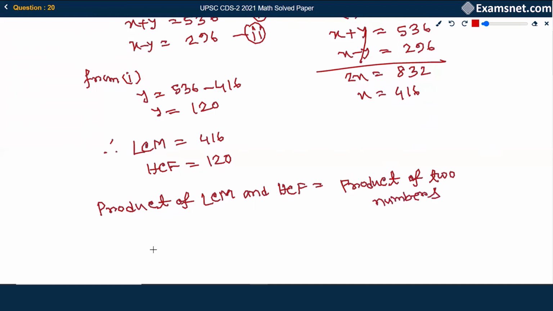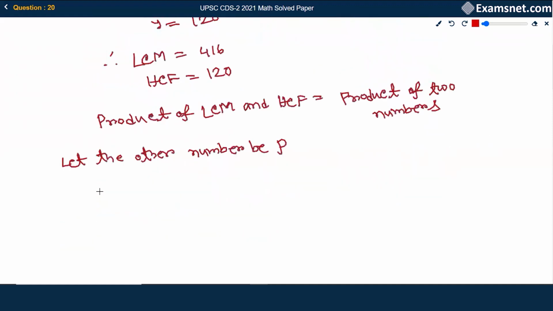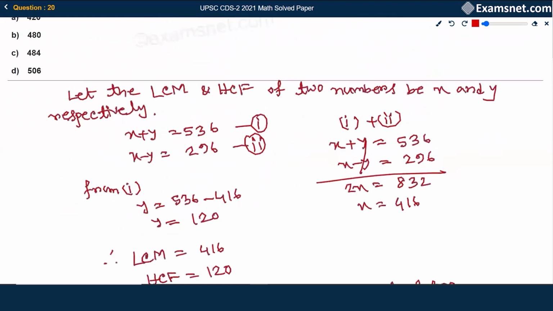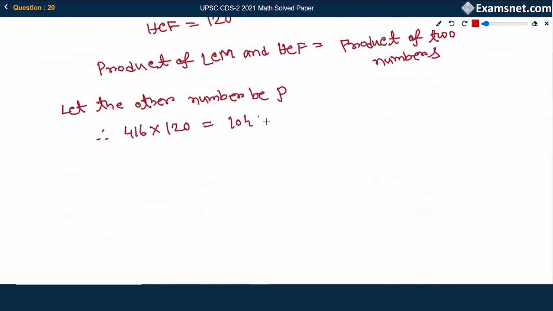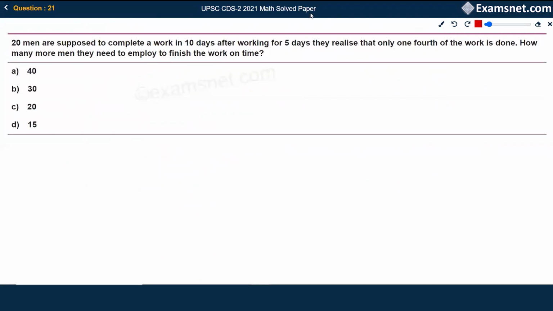So we can assume let the other number be P. Now therefore 416 multiplied by 120 equals, one number is given, that is 104, so 104 times P.